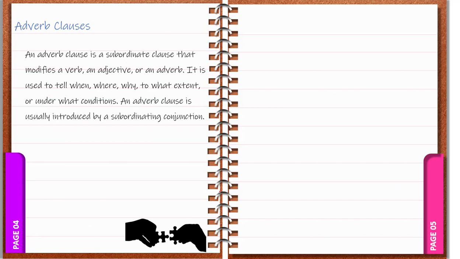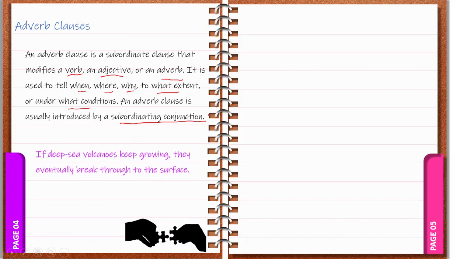Now, an adverb clause is a subordinate clause that modifies a verb, an adjective, or another adverb. Usually, it tells us more information about words such as when, where, why, to what extent, or under what condition. Usually, it's going to be introduced by a subordinating conjunction.